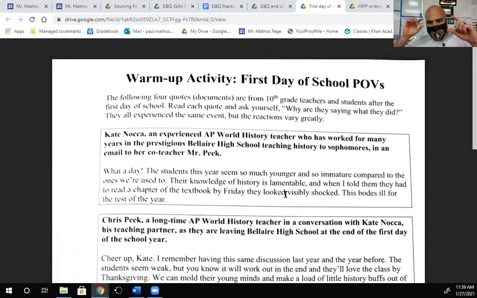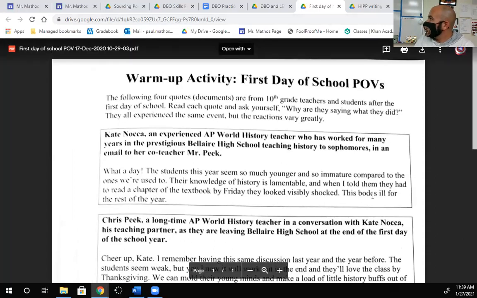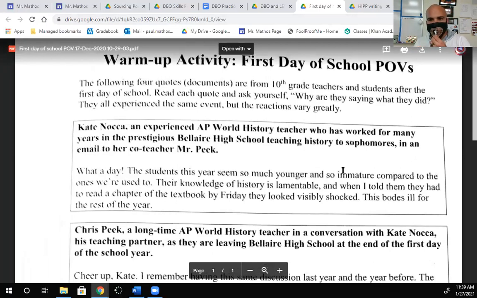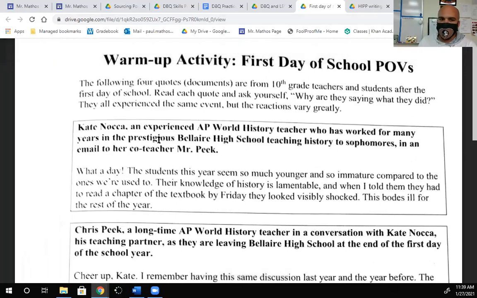Now, before we get into how you use it with historical documents, let's just look at these. This is a first day of school point of view sort of activity I like to do. As you read these documents, and we're going to go through them together, I want you to ask yourself certain questions. It really comes back to, why are they saying what they did? What's the motivation behind it?